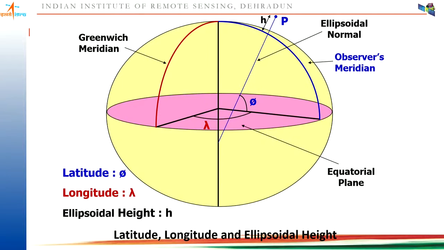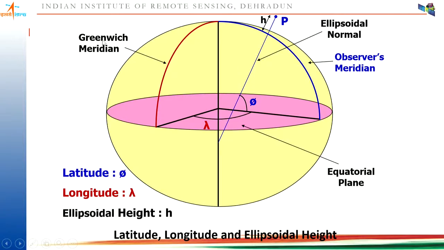How are we defining a point on the earth surface? Suppose a point is P. We draw a perpendicular from point P onto the earth surface, like a line called the ellipsoidal normal, this blue one, which hits this axis here, and this is the equatorial plane. Wherever it cuts the surface of the globe, one meridian passes from here, which is the observer's meridian.